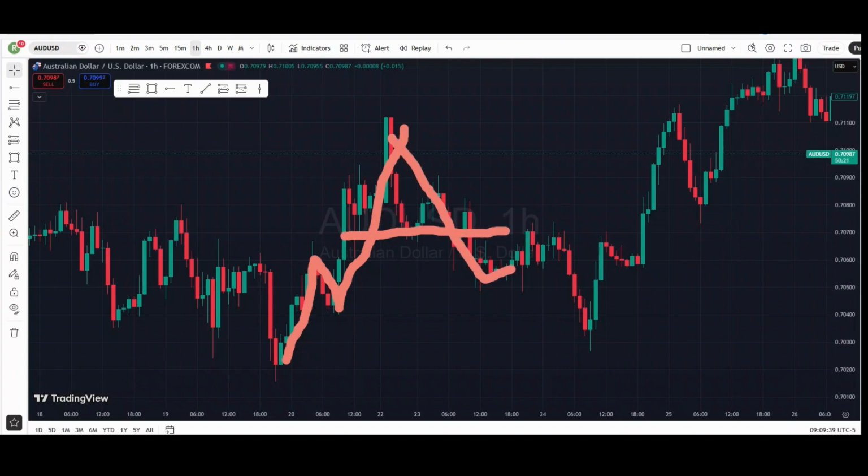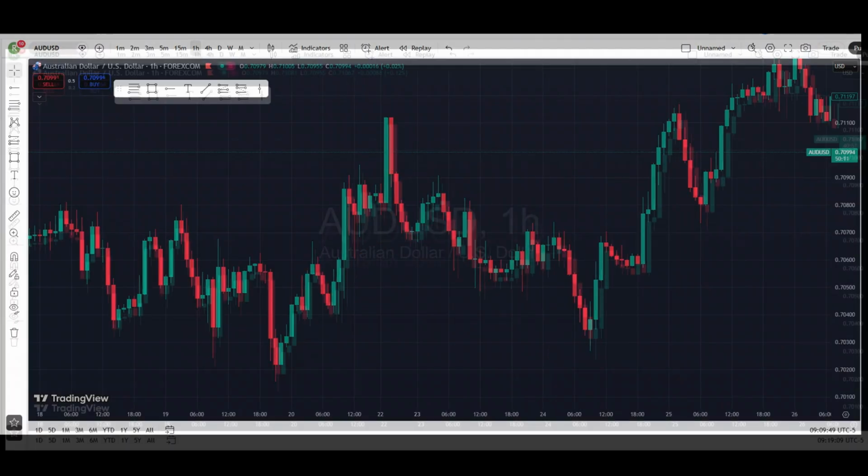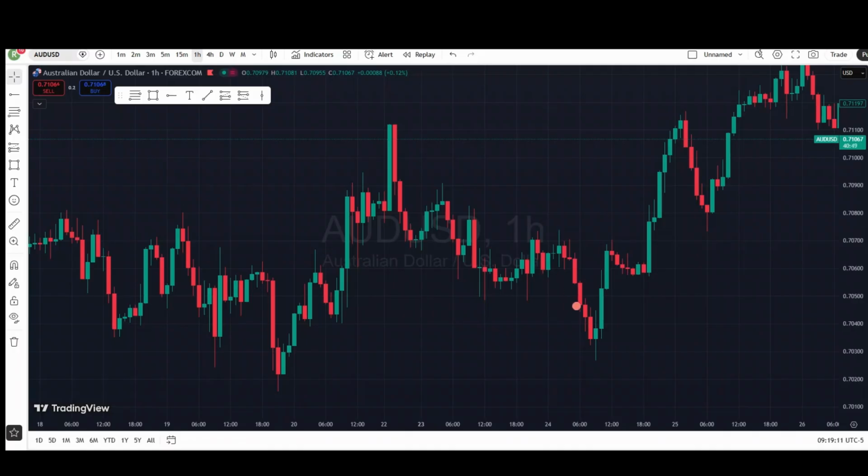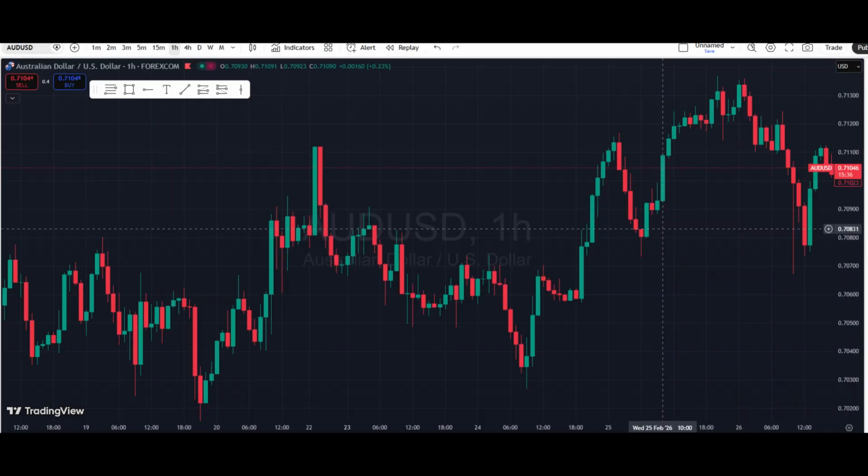At the same time, it depends on the time frame that you're using. That's a warning, meaning the structure has shifted. The market might transition from bullish to bearish. The same applies in reverse. This is why structure comes before indicators. Indicators react. Structure leads you the right way.